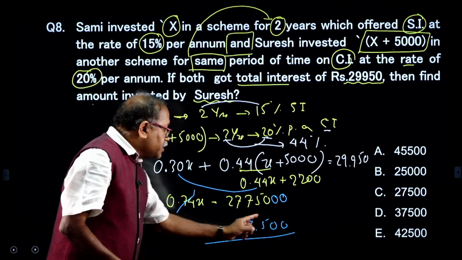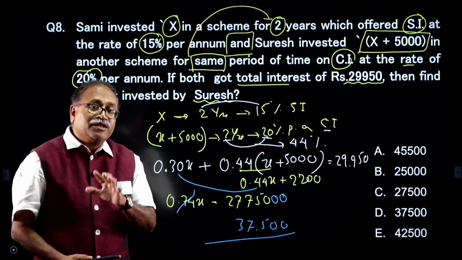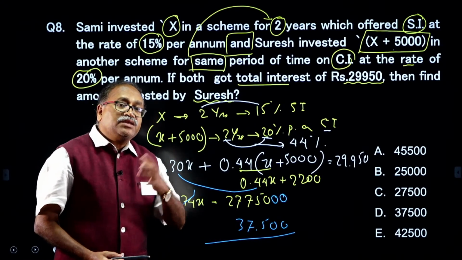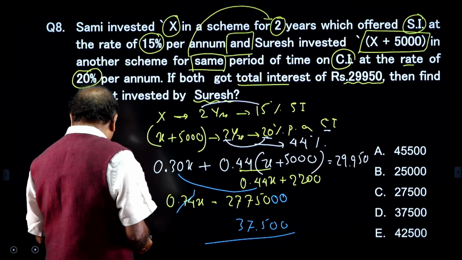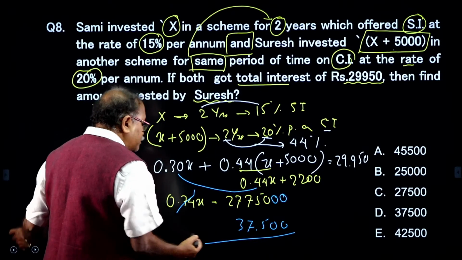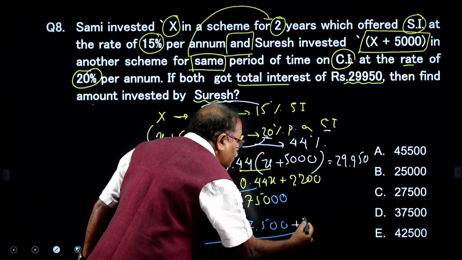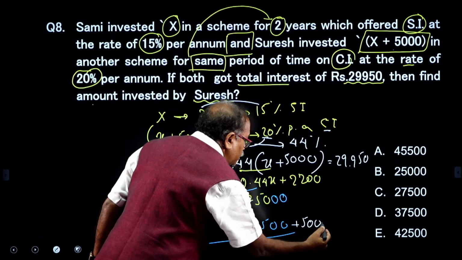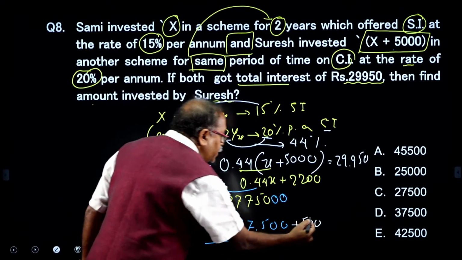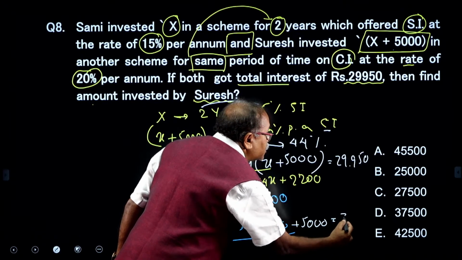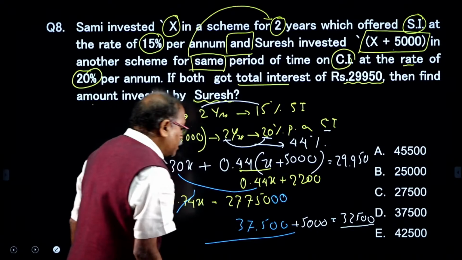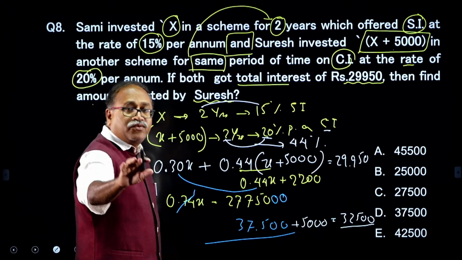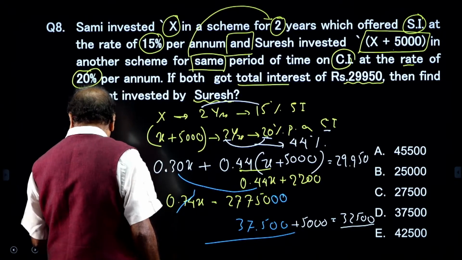So, 37,500 plus 5,000. How much will that be? 42,500.